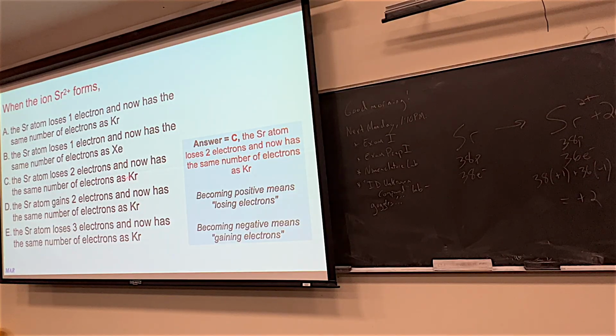It loses 2 electrons, and now it has the same number of electrons as krypton. So in the noble gas configuration stuff, this is kind of cool to know. Strontium 2 plus wants to be like one of the cool kids in the back of the bus. Yeah. Any questions? Okay.